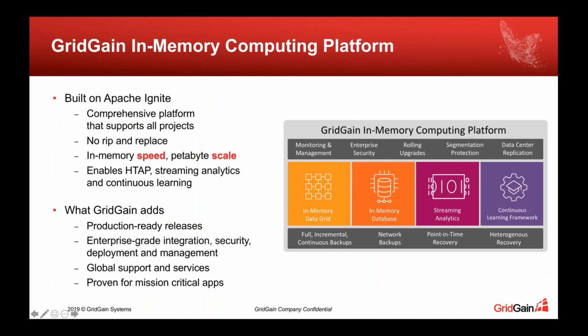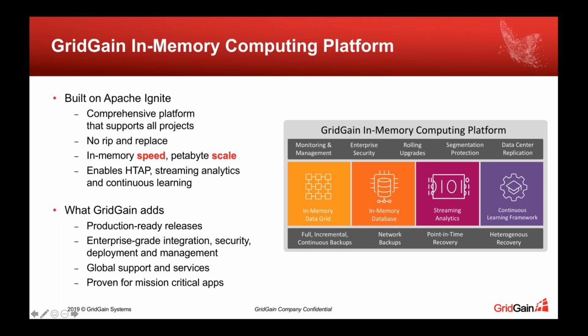So this is really how Apache Ignite evolved. It started as an in-memory data grid. We contributed it back in 2014. And since then, it has been evolving to support these other kinds of projects and sit as a common in-memory data layer on top. All the functionality is in Apache Ignite for doing this.